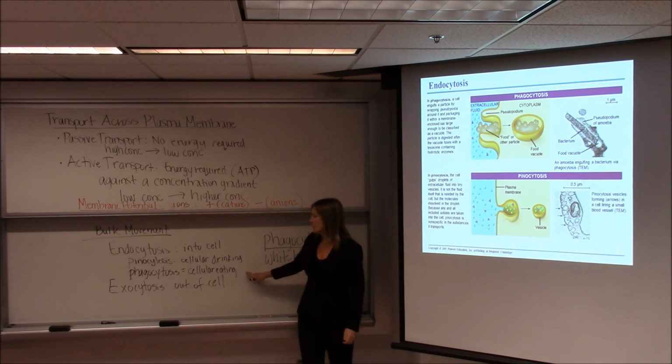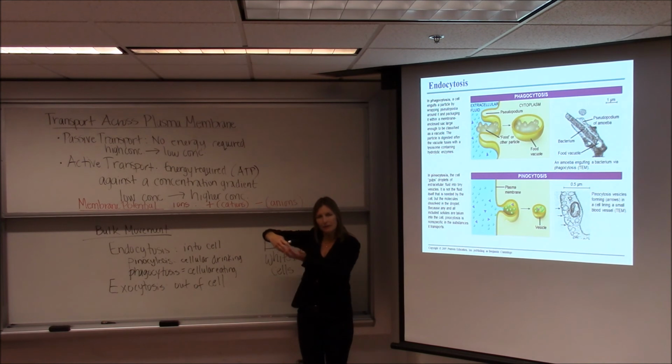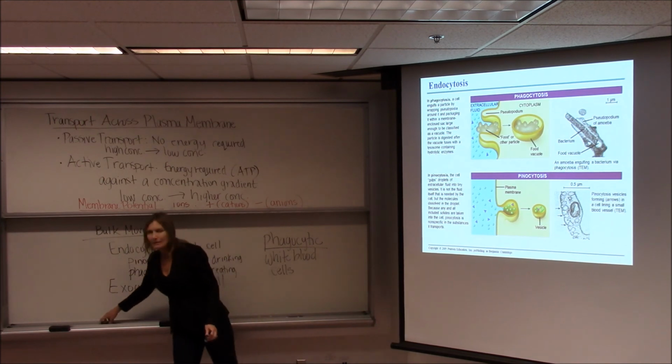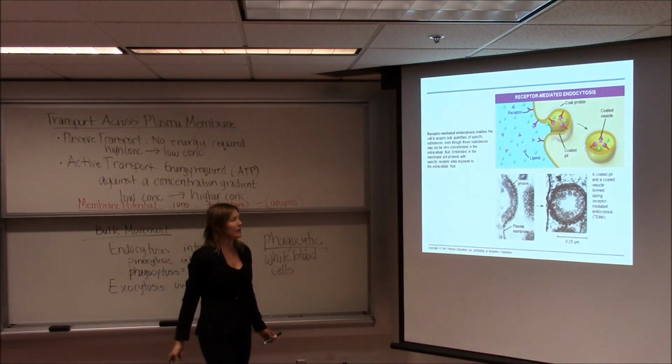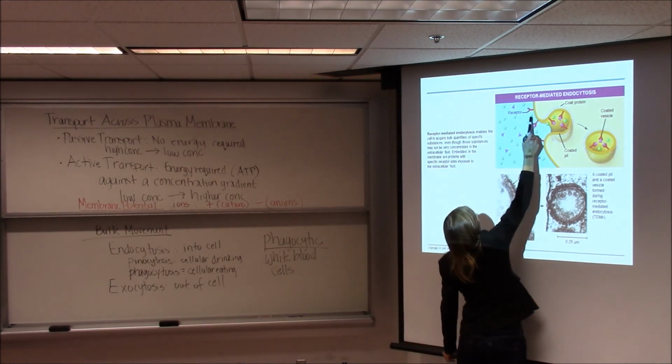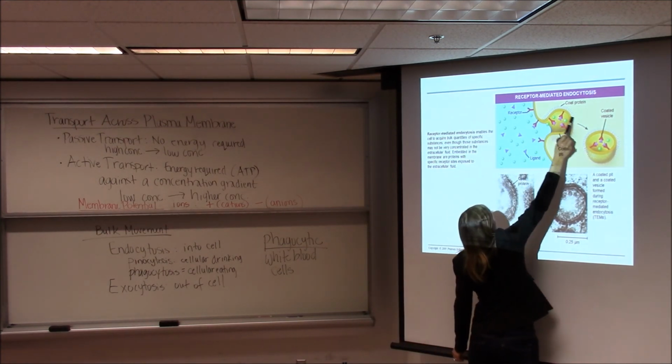So phagocytosis, pinocytosis. Two forms of bulk movement of materials into the cell through endocytosis. Wrap it in plasma membrane, bring it in. Sometimes we have what's called receptor-mediated endocytosis, where something has to bind with a receptor on the cell surface in order to be recognized and brought in.